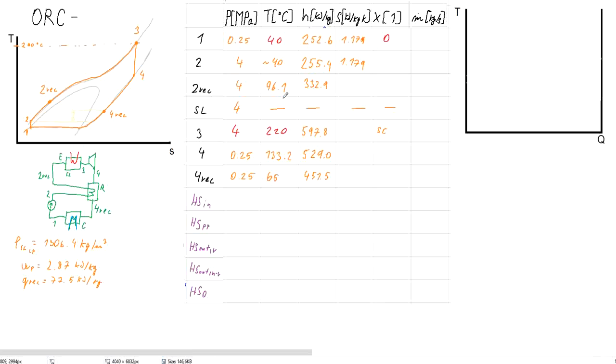Let's have a look at the TQ diagram of the heat input. Where the working fluid will have a shape of the curve of something like this, between points 2 and 3.